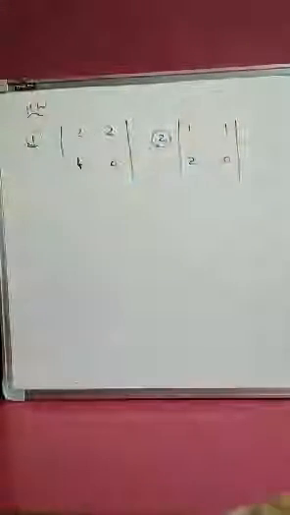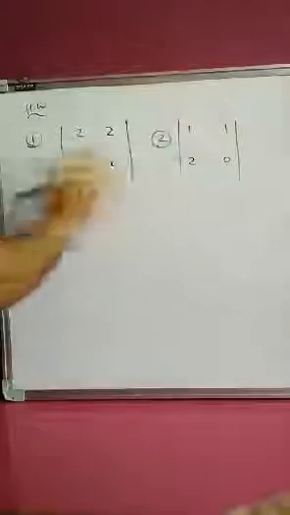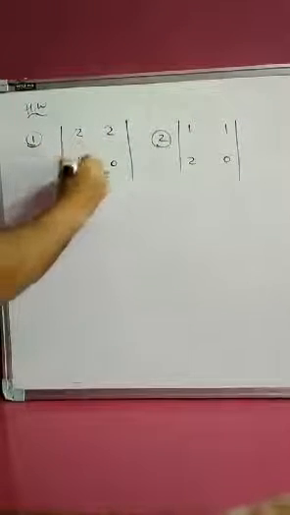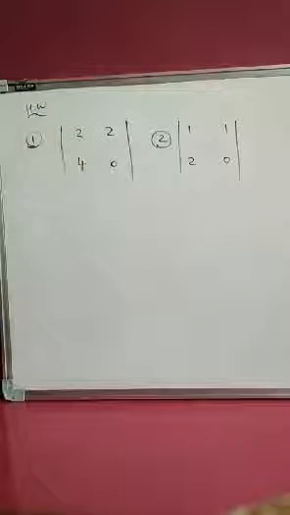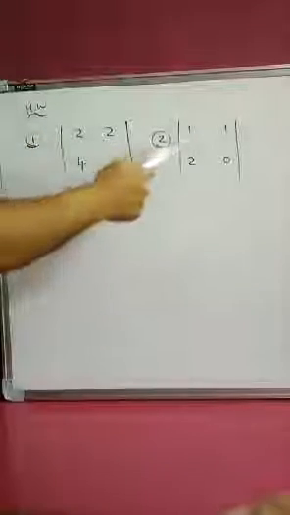Second, 1, 1, 2, 0. And you will tell me whether the first answer is related to the second answer or not. Just note it: you have to find the value of both determinants. First question is 2, 2, 4, 0. Second question is 1, 1, 2, 0.